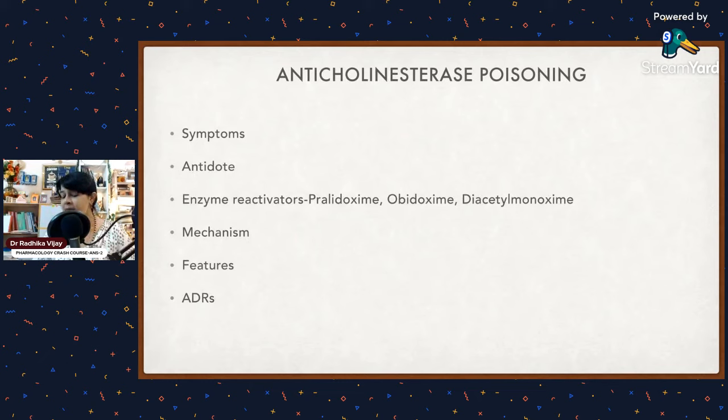Delayed neuropathy appears 1 to 2 weeks after the exposure. That is associated with demyelination of axons. The cause behind the delayed neuropathy is not cholinesterase inhibition, but some other reason like neuropathy target esterase, that is NTE, inhibition.